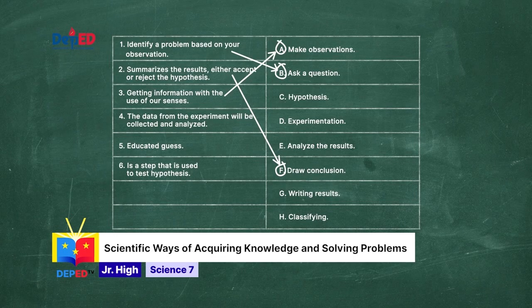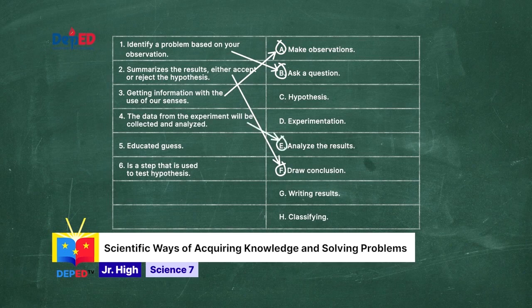The data from the experiment will be collected and analyzed. Time's up. Once the data from the experiment is collected and analyzed, you analyze the result. The correct answer is letter E.